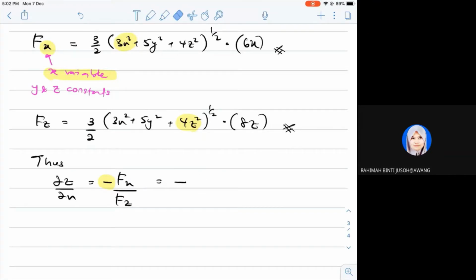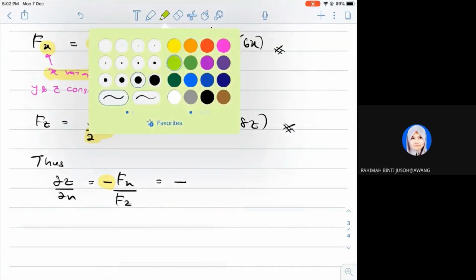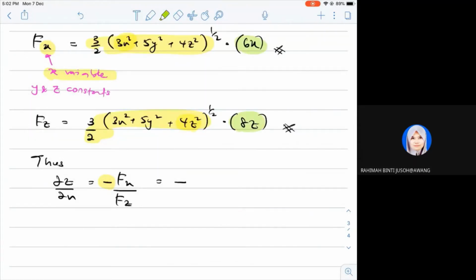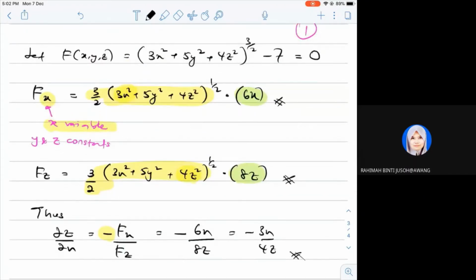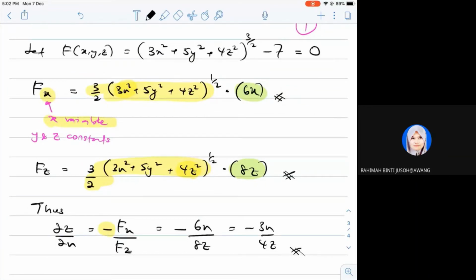The whole thing is the same as the bottom, so it cancels out. So just left this and this. Okay, so you will have negative 6x divided by 8z. So equals to negative 3x over 4z. Okay, that's it. So this is how we differentiate implicitly using the second method, using alternative formula.